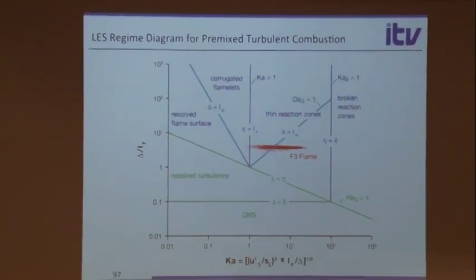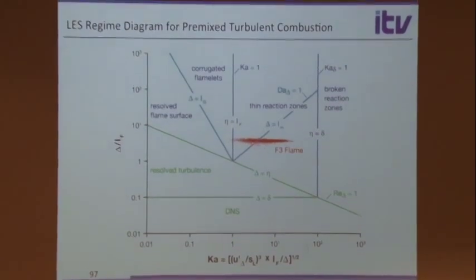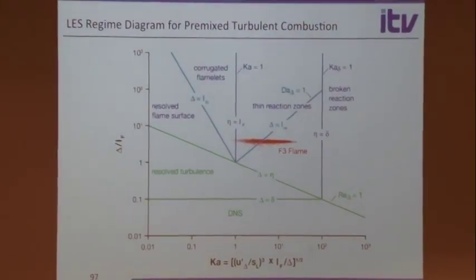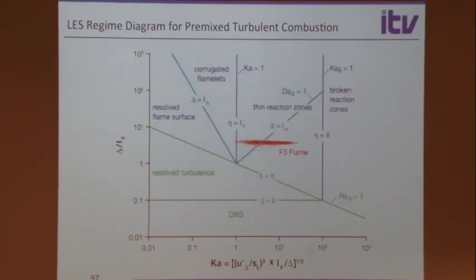This is not in your handouts, but I promised this yesterday, so I put this in. It is the regime diagram for LES. LES is interesting because think back at the regime diagram we had yesterday. It was U prime over SL as a function of LT divided by LF.